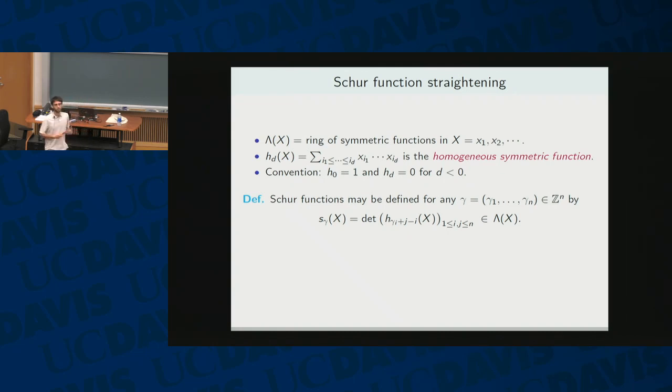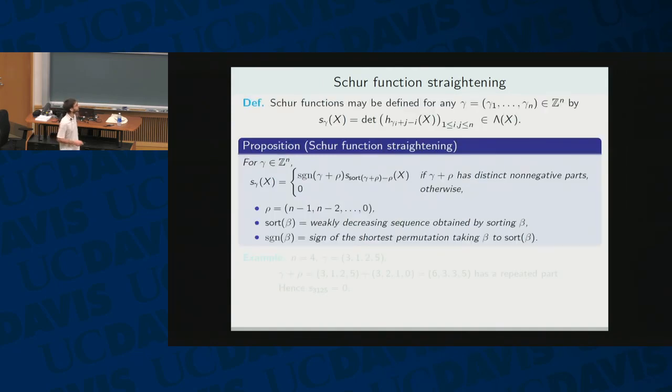Schur functions indexed by partitions form a basis for the ring of symmetric functions, but it's useful to have a definition for integer vectors. For any vector gamma in Z^n, we're going to define this s_gamma of x by the following version of what's called the Jacobi-Trudi formula. Okay, so this is our definition of the Schur function indexed by any vector.